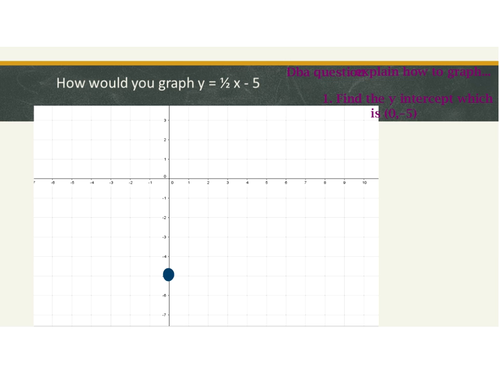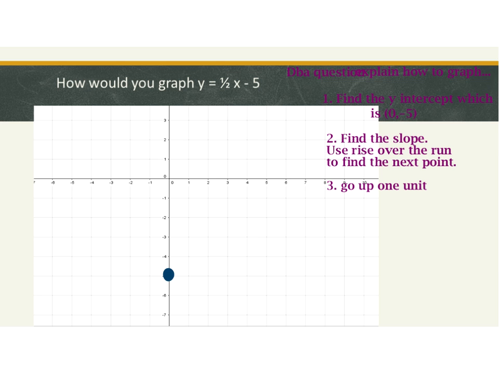Step 2, find the slope. Use rise over the run to find the next point. So I go up, my rise is 1, my run is 2 units.